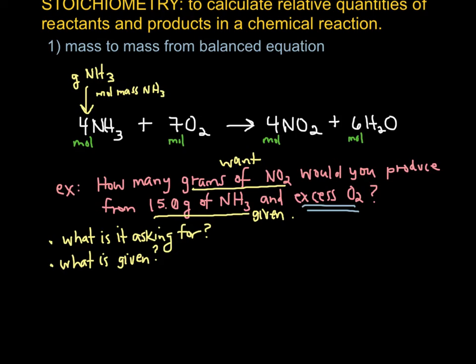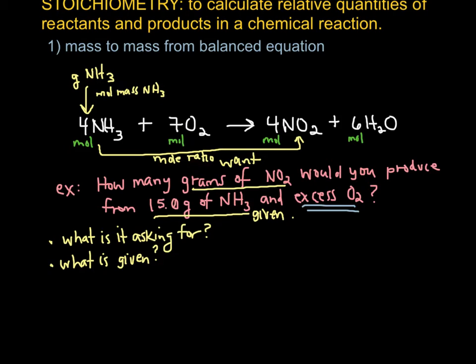And then we're going to take that NH3 and convert it to moles of NO2. We're going to do that using the mole ratio from the equation. And then once you're into moles of NO2, it's asking for grams of NO2.